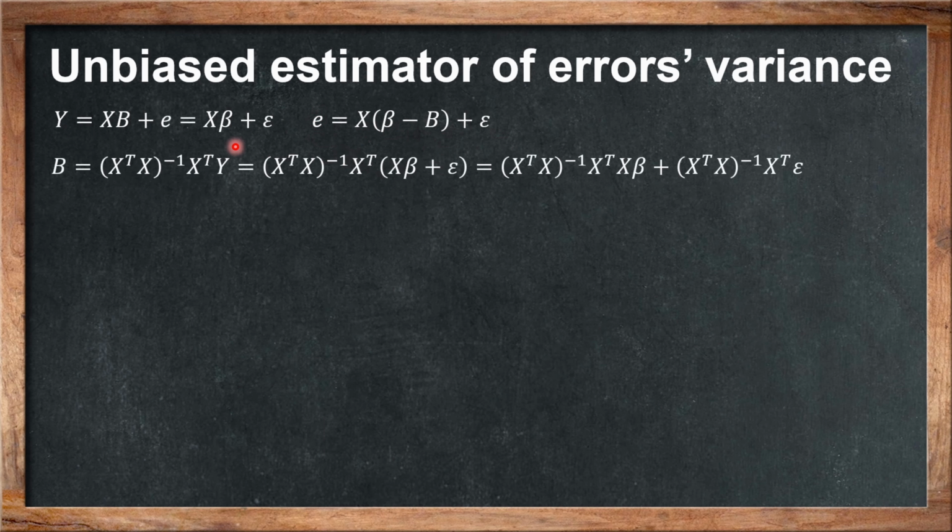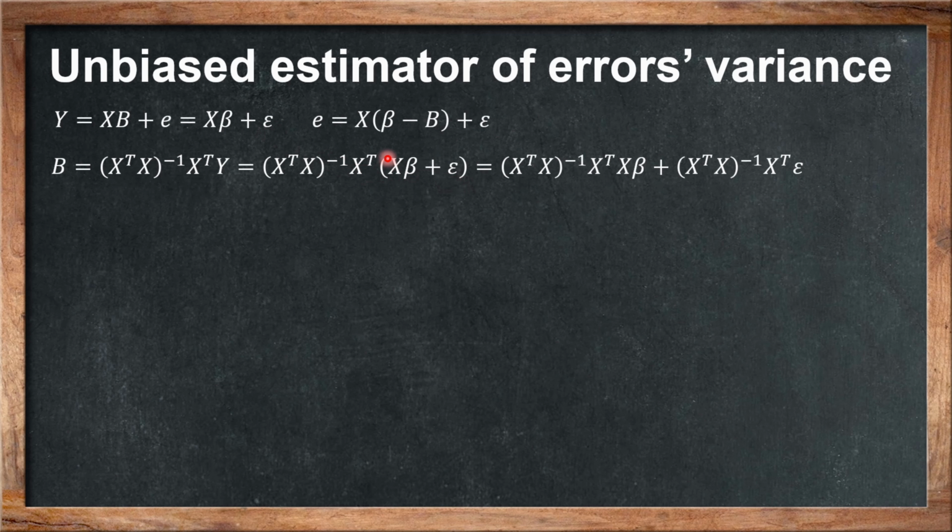Then, if we consider the analytical form for the parameters vector b derived in the previous video, we have this form: (X transposed X) inverted times X transposed y, and then we simply replace y with this expression, and we get (X transposed X) inverted X transposed times the replaced expression X beta plus epsilon.